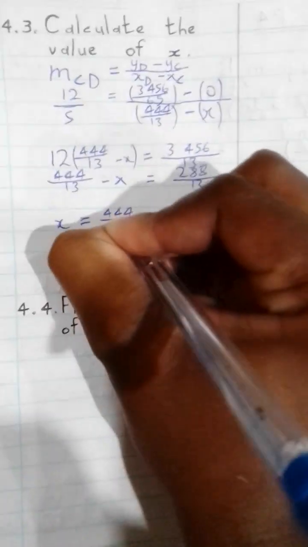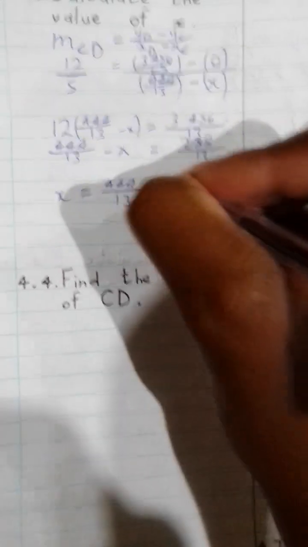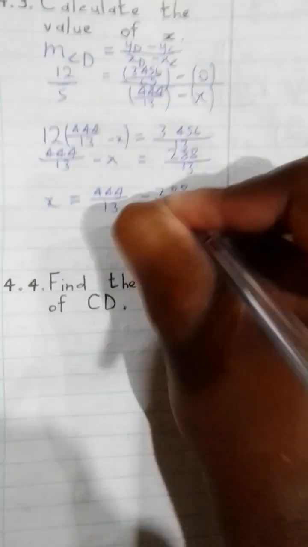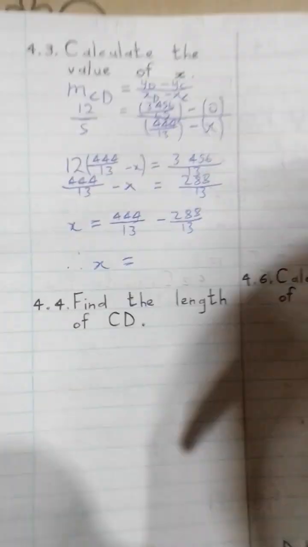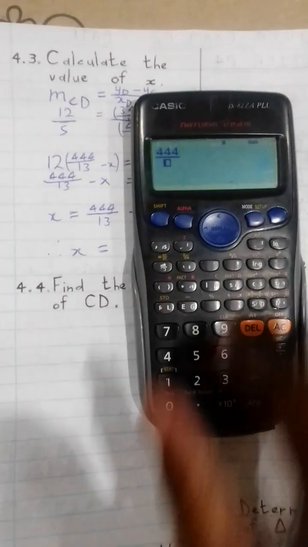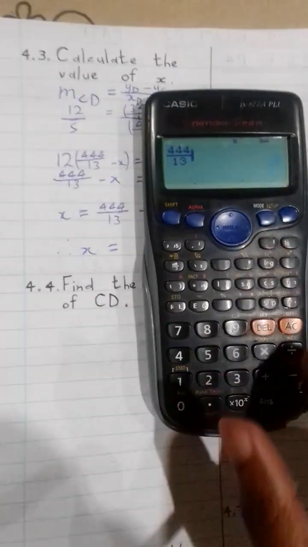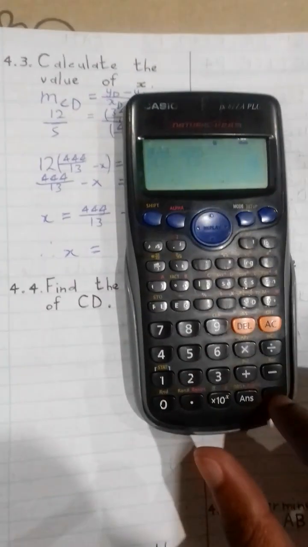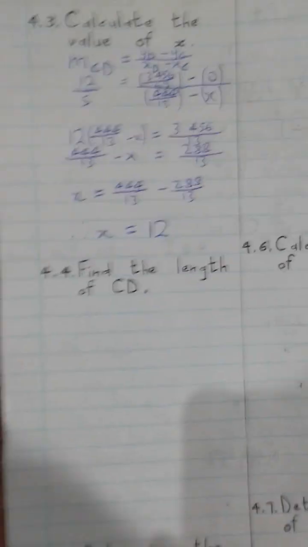Bring this to the other side, it becomes negative. 444 over 13 minus 288 over 13. So X is 12. Okay.